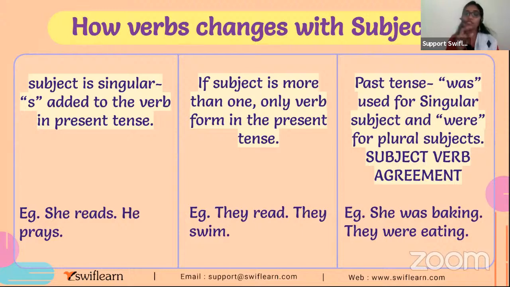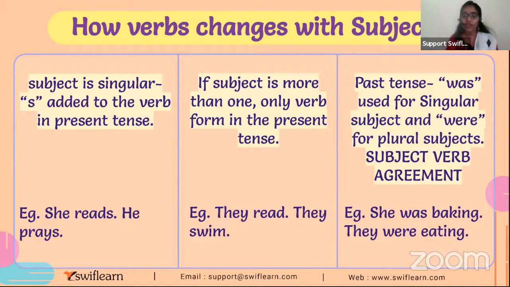And if the subject is more than one, we don't add any s to the verb. And in the past tense, we use was for the singular subject and were for the plural subject. So this is called what? Subject verb agreement. The verb and subject should agree based on whether they are singular or plural.